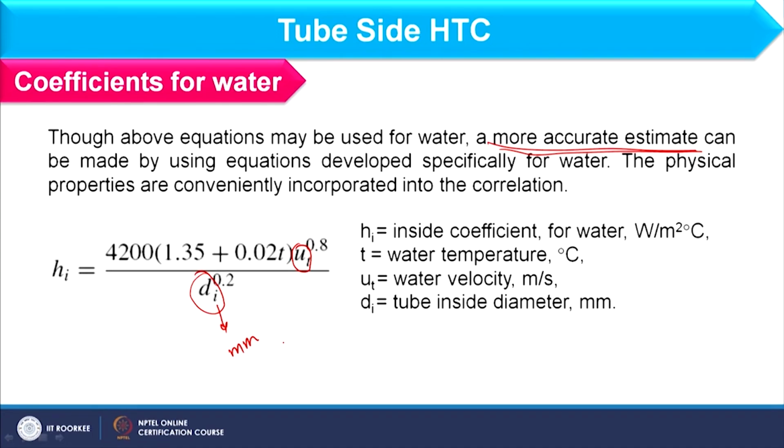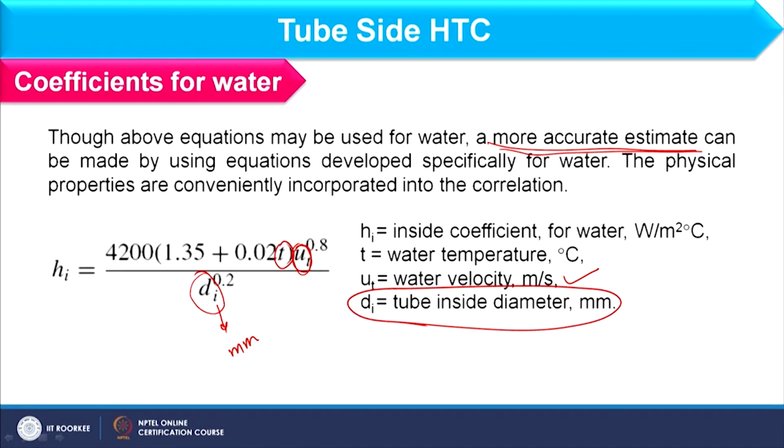So, what you have to do now? You have to understand how to apply these equations. Depending upon the given units only you can find out the heat transfer coefficient or other factors. Here usually velocity is available in meter per second, but tube inside diameter is given in mm, so accordingly you have to apply this.